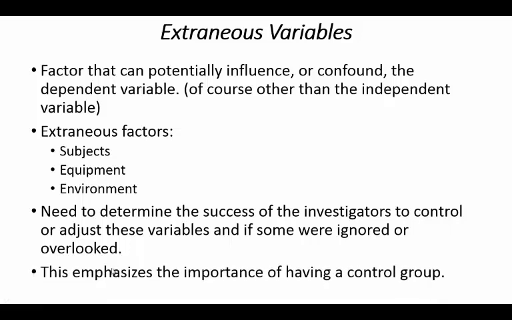with minimal error. This emphasizes the importance of having a control group. If I have an experimental group and a control group, then whatever is going to happen is going to affect both groups, hopefully equally. So if I see results, then the results are not related to extraneous variables.